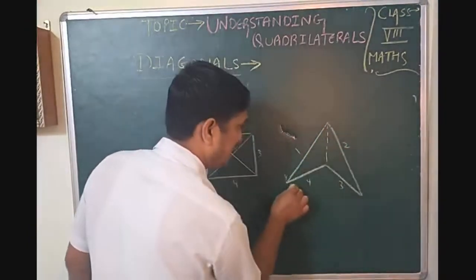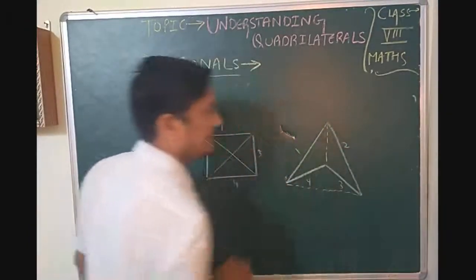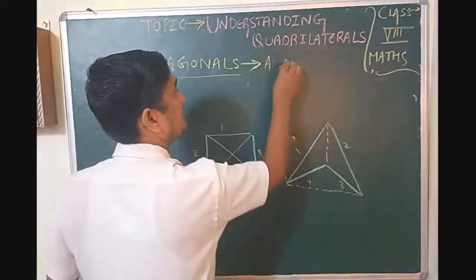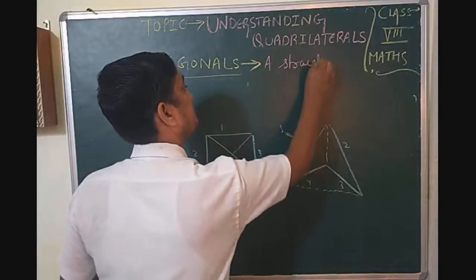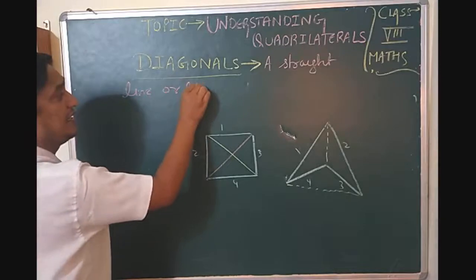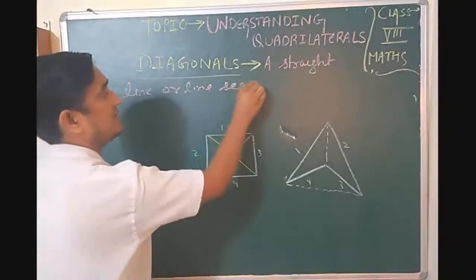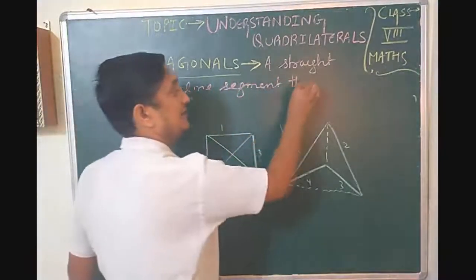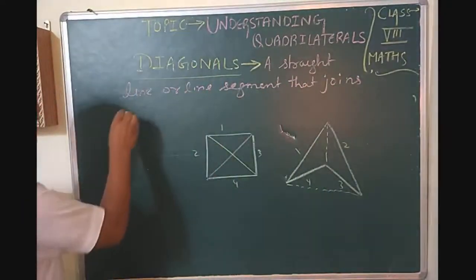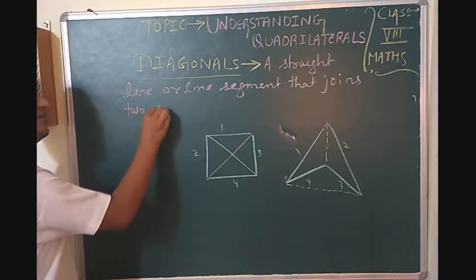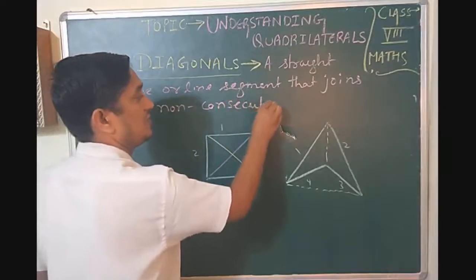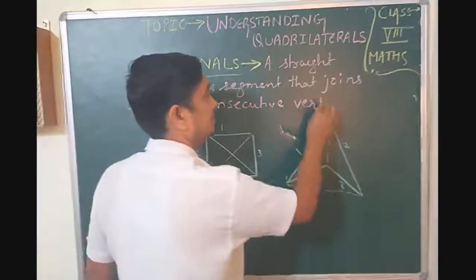This is the diagonal and this is also the diagonal. So diagonal is a straight line, or you can say a line segment, that joins two non-consecutive vertices.